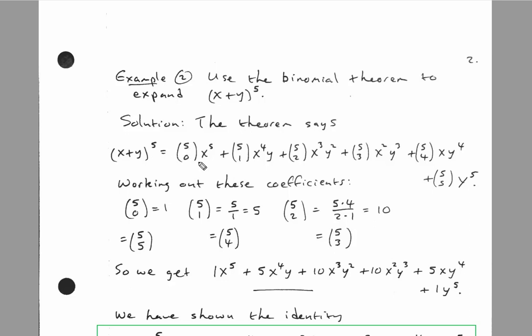Okay, so 5 choose 0, x to the power of 5, y to the power of 0. 5 choose 1, x to the 4, y to the 1. 5 choose 2, x cubed y squared. Just to keep track, if you have a 2 down here, then one of these powers has to be 2.